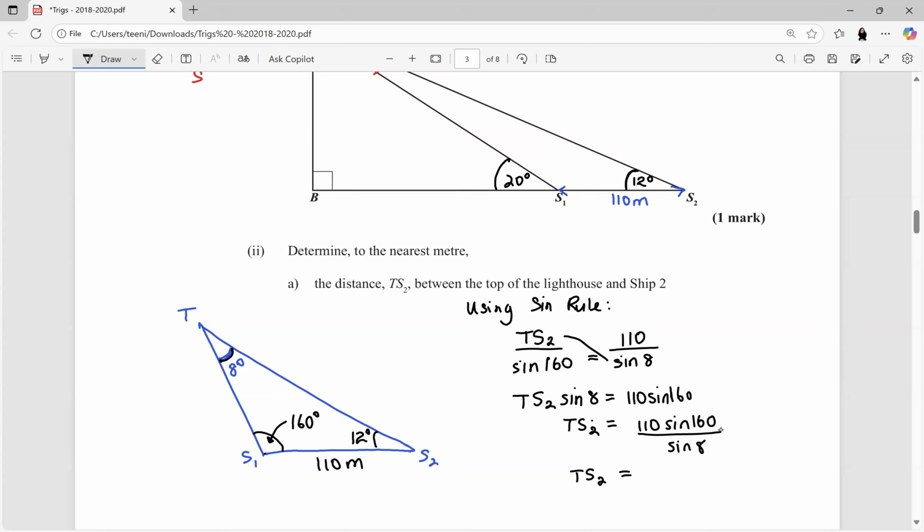Are you using a Sharp? Right, so under mode, there's a button that says DRG. You seeing it? No. Send me a picture of your calculator real quick.